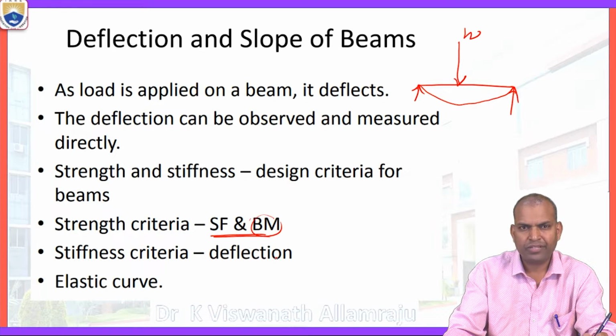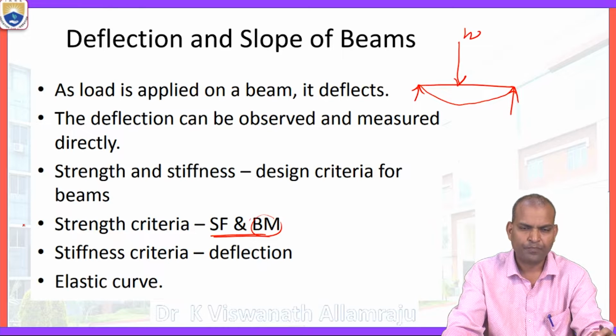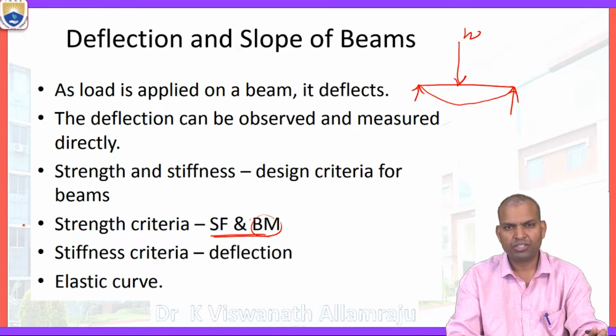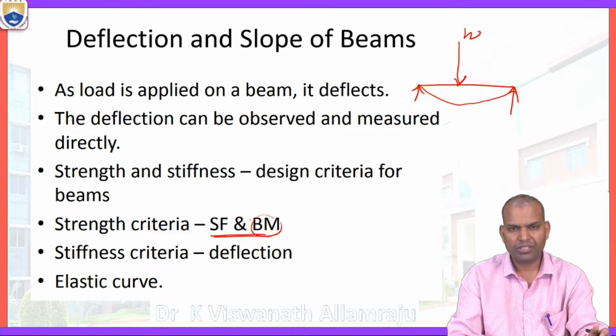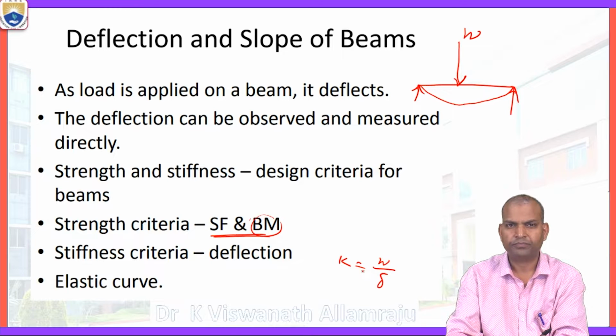Another one is the stiffness. The stiffness of a beam can be calculated based on the deflections. If the deflection is small, the stiffness is high. If the deflection is very high, that means the stiffness is low. So stiffness K equal to load per deflection; the stiffness is inversely proportional to the deflection.